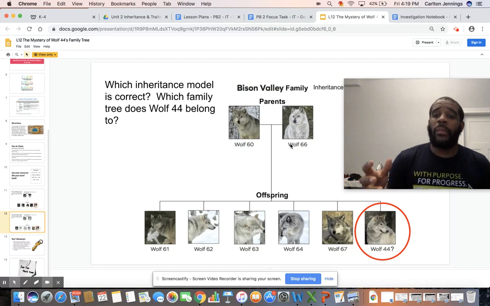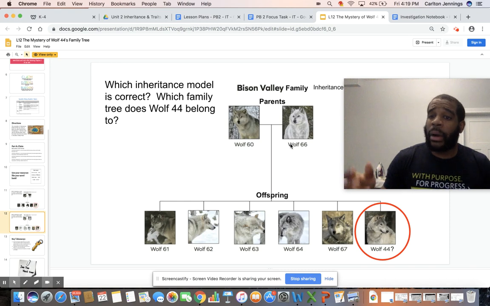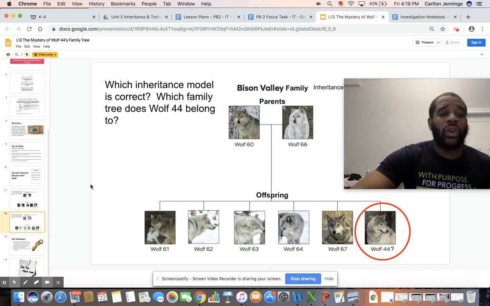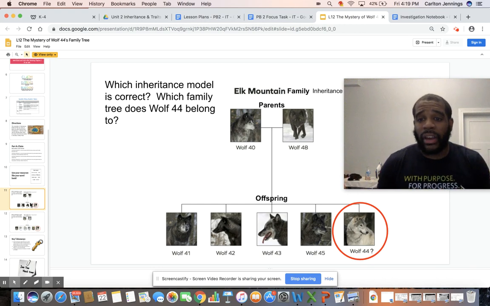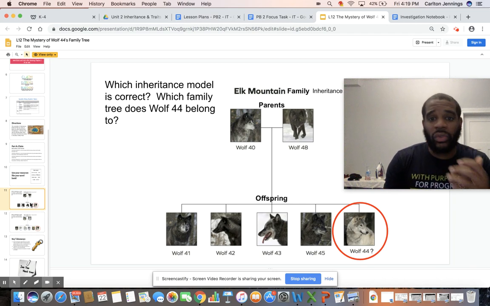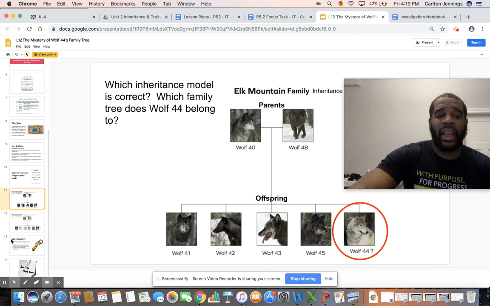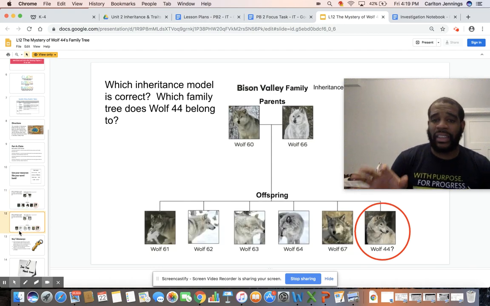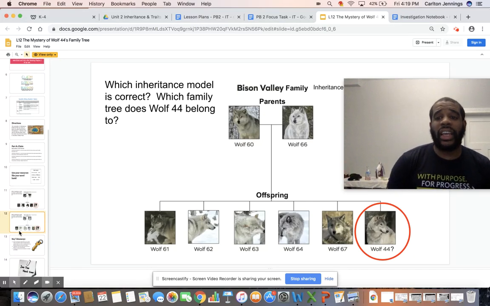So maybe Wolf 44 got lost or couldn't keep up with the pack, and the Elk Mountain pack took Wolf 44 in, so it can be a part of their family. We know that the offspring has to look like the parents. It has to get traits from the parents. So although it's running with the Elk Mountain family pack, its parents are the Bison family pack because it looks more like Wolf 44. So this is our lesson for today.